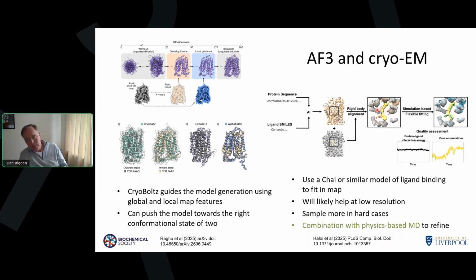You don't know exactly where the ligand fits based on that map feature. What you can do is ask Chai or another tool to predict where the ligand's going to be, fit it in, and then you can do some refinement with molecular dynamics or similar. So again, what we're seeing here is the effectiveness of combining the deep learning method to place the ligand and then the physics-based method to refine that placement, which improves its fit.